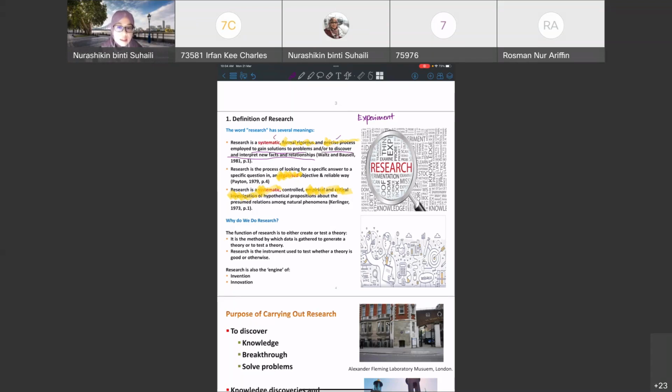Why? Because FYP is only for a few months. It's not even a year, right? The time that you spend in the lab is about 4 to 5 months, or 6 months at the most. So maknanya dalam masa 4 to 5 months tu is very limited. You cannot cover everything. So you must set the target. You must set the objectives.